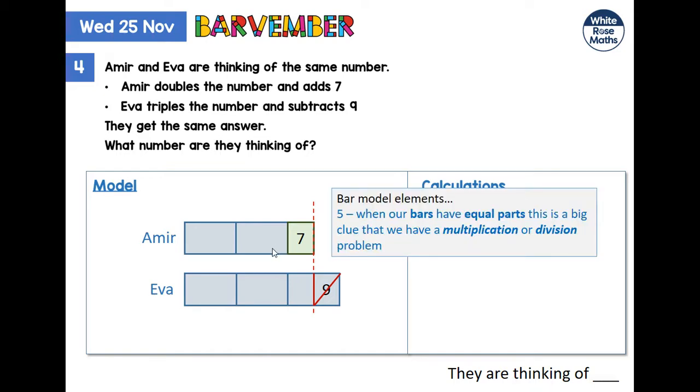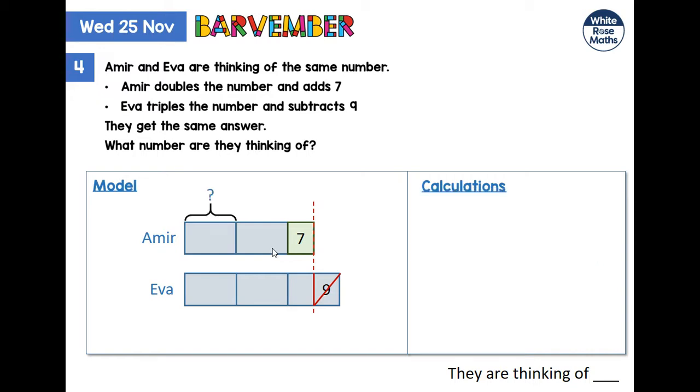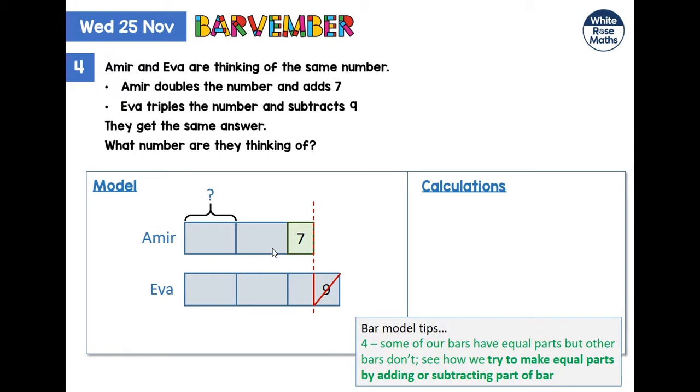So equal parts, always an indication that we've got a multiplication or division problem going on. But equally, in this instance, some of our bars are equal, some of our bars aren't equal. So let's see how we go from here to try and see what's going on.